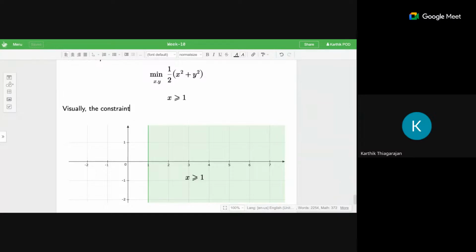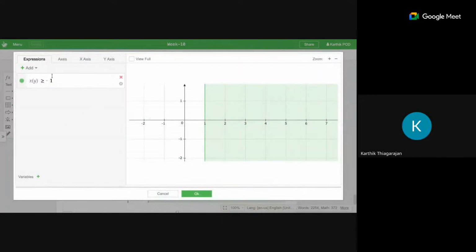And the height of the bowl is going to keep increasing as you move away from the origin. Okay, so the height of the bowl will be the minimum in this constrained region. When will it be minimum? When it just touches x equal to 1. Yeah, exactly, that is when it will be minimum, right?